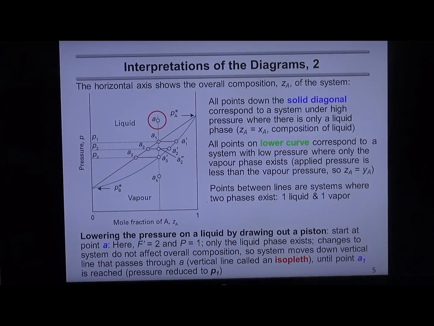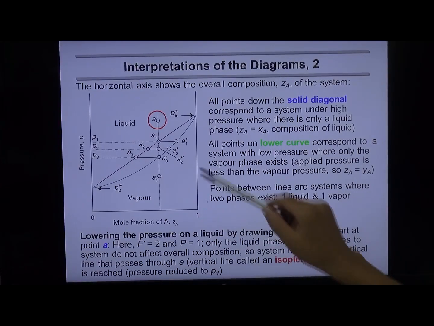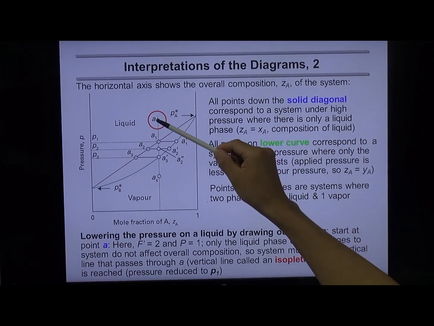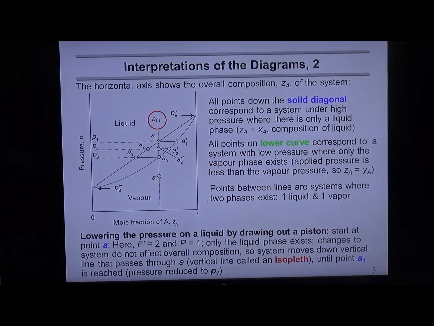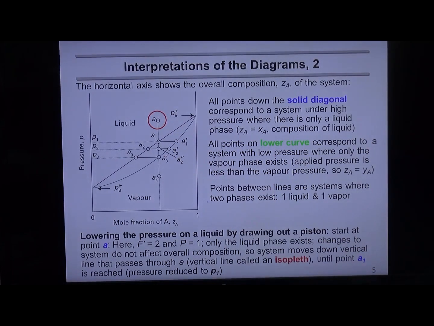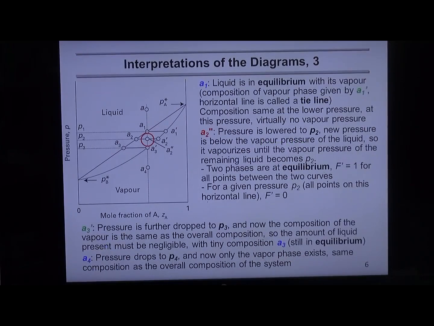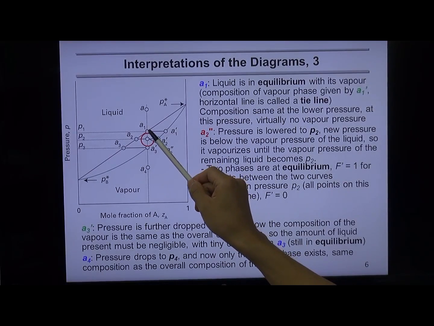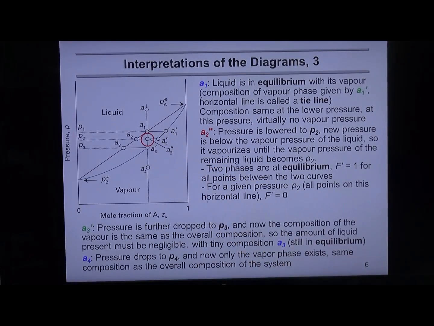Let's see what happens. Let's start at point A. Here, only liquid exists. So we can go down up to A1. Now you reach point A1. Then what happens is that liquid and vapor phase now coexist.